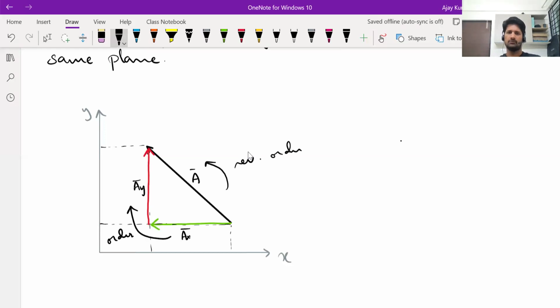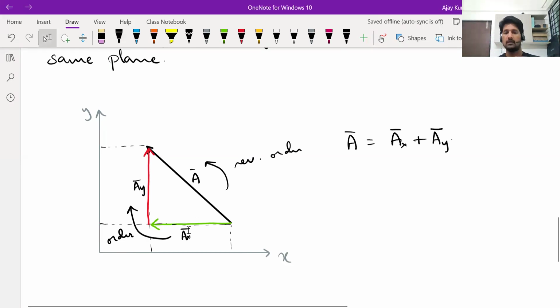And this always happens with perpendicular components. So this is the idea we are going to use. Now we can write vector A as the sum of its x component and its y component. Now let us do this with an actual vector whose magnitude and angle are known to us. Let us represent the arrow mathematically.